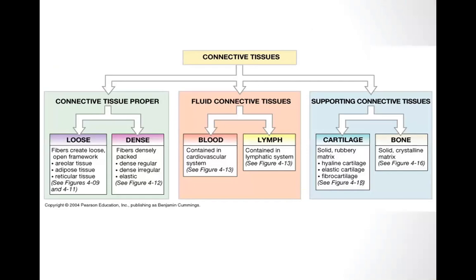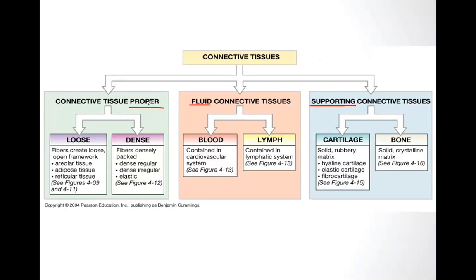Okay, this is your go-to chart when it comes to connective tissue, guys. This is a really important chart. We're going to walk through it and then look at each of the tissues in more detail. Connective tissue has 3 main breakdowns: what we identify as proper, what we identify as fluid, and what we identify as supporting or supportive.